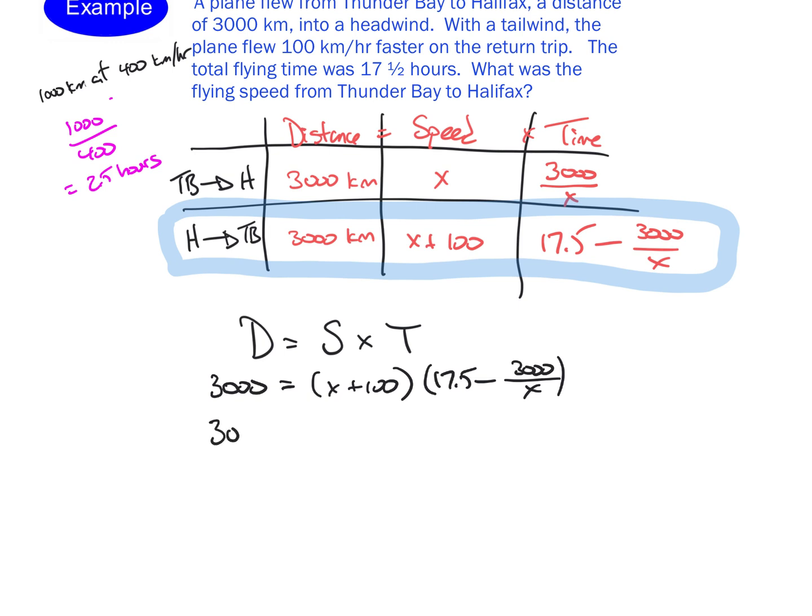So 3,000 equals x times 17.5 is 17.5x. x times minus 3,000 over x. Whoa, what do we do with that? Let's do a little sidebar here.